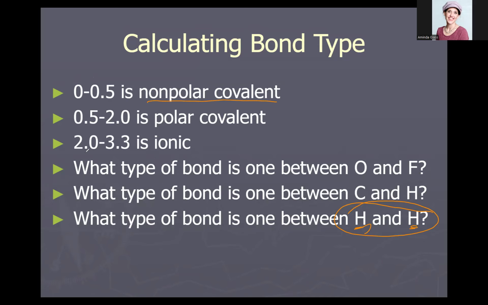So all the Hofbrinkels, hydrogen, oxygen, fluorine, bromine, iodine, chlorine, and nitrogen, are your diatomic elements. So whenever they're bonded to themselves, they're going to be nonpolar covalent.